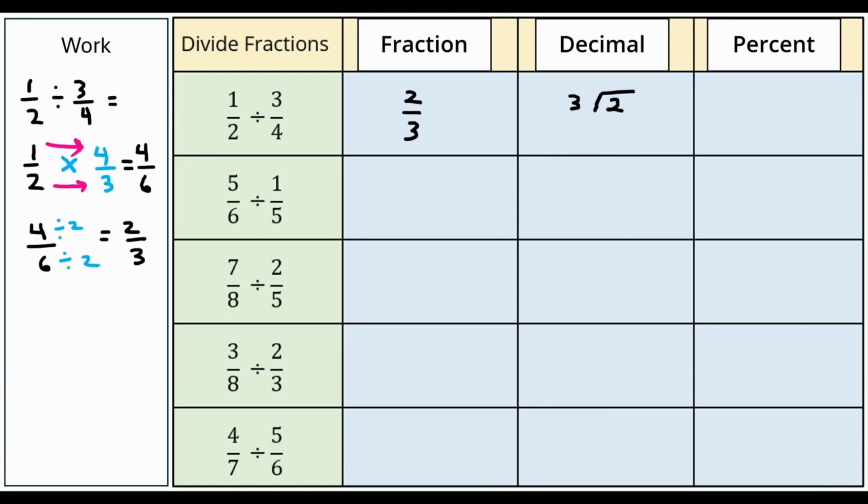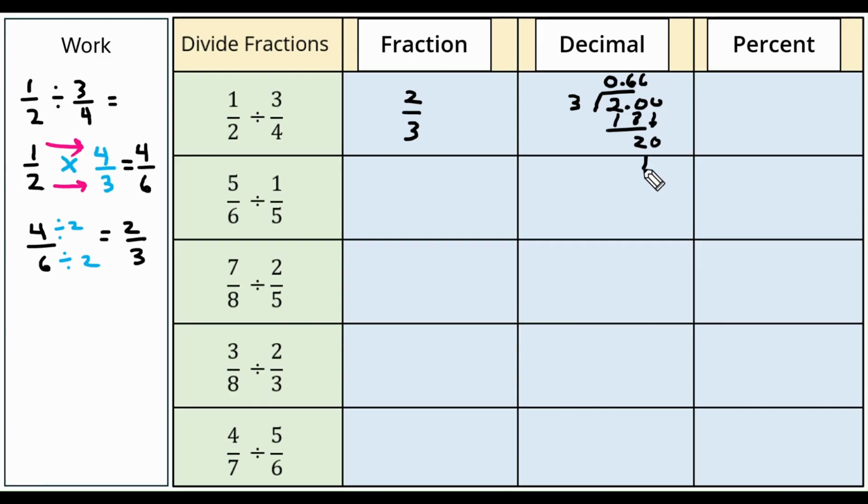So let's do our division problem. How many times does 3 go into 2? We know that 3 is larger than 2, so we put our 0. It doesn't go into 2. So we put our decimal, and we add our 0. How many times does 3 go into 20? 6. So that gives us 18. We do our subtraction, add the 0, bring it back down. All of a sudden we got 20 again, so we got 6.